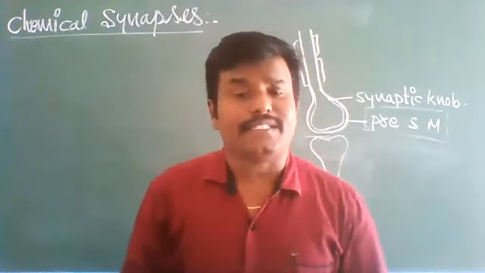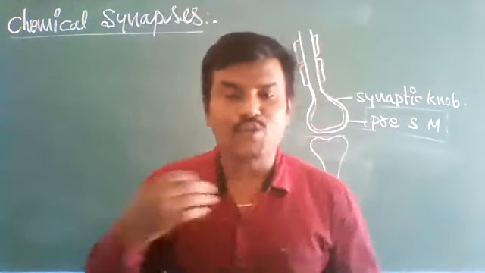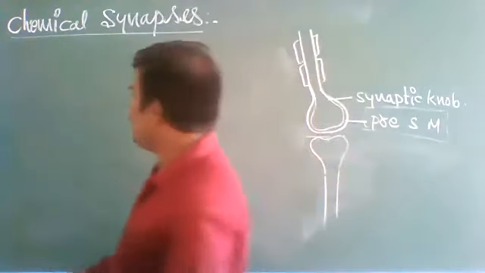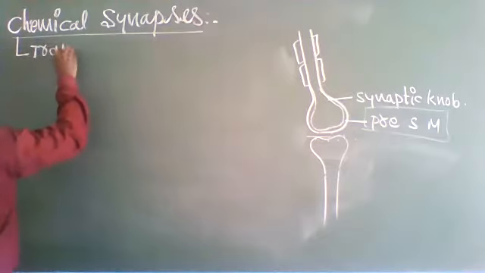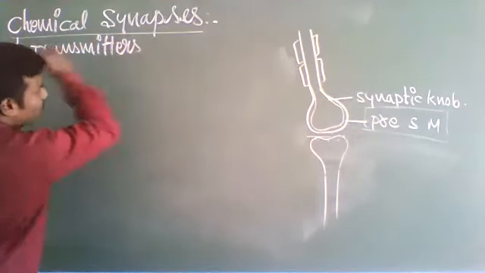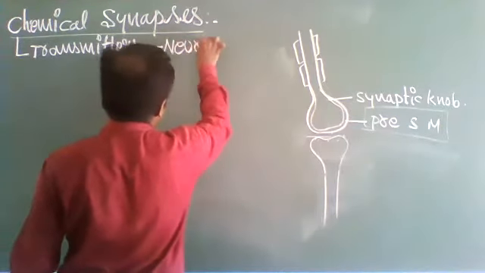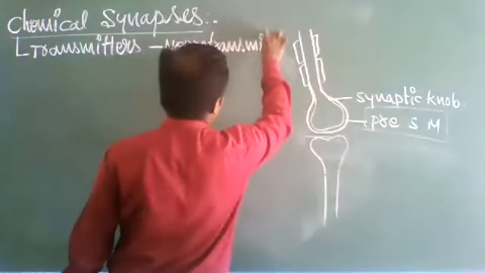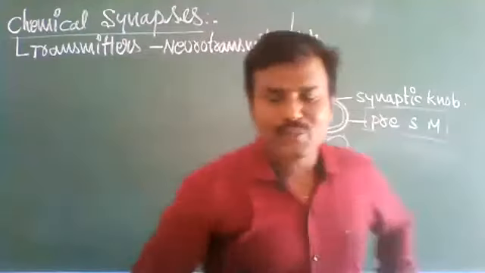Neurons transmit information from one neuron to another neuron through chemical transmitters, which are called neurotransmitters.